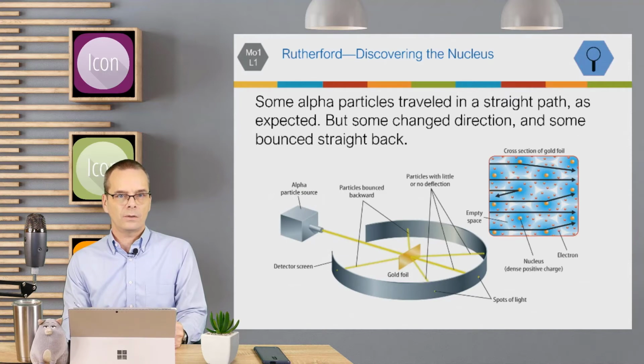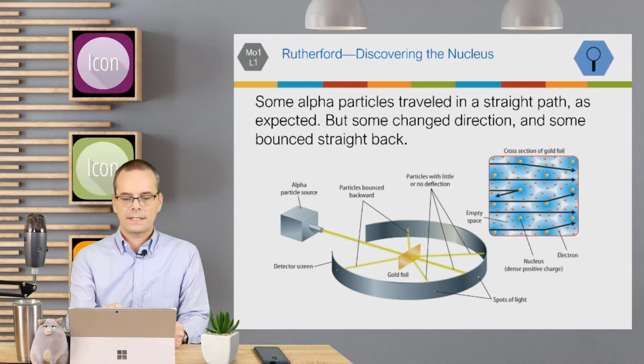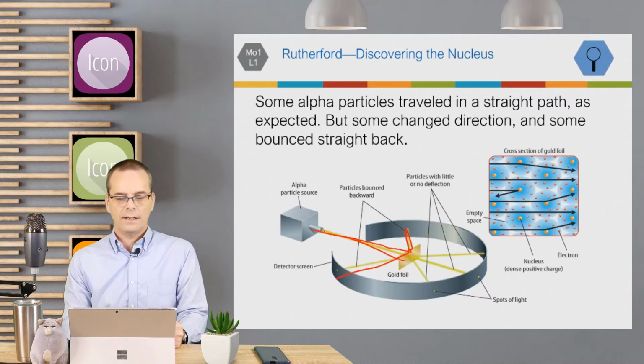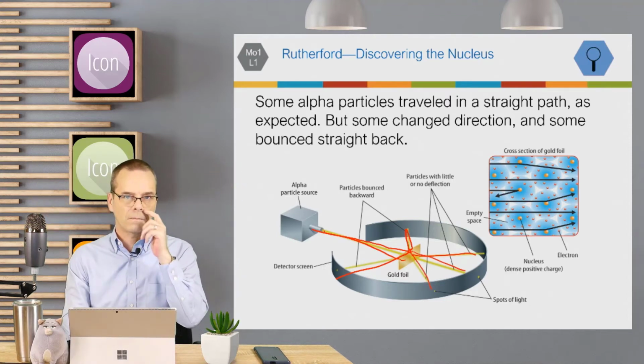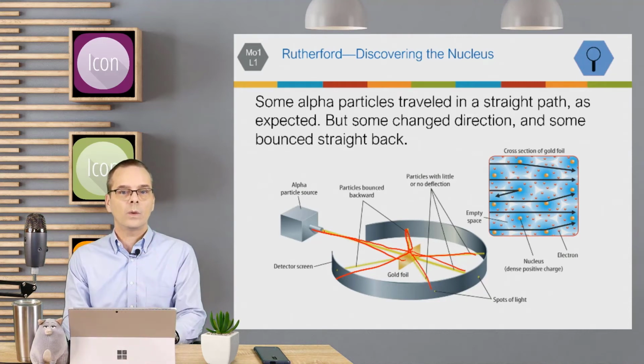But what he found is that when he shot it through, some changed direction, some bounced back, and some went through in different directions. It just scattered, so it didn't happen the way his hypothesis said it would.